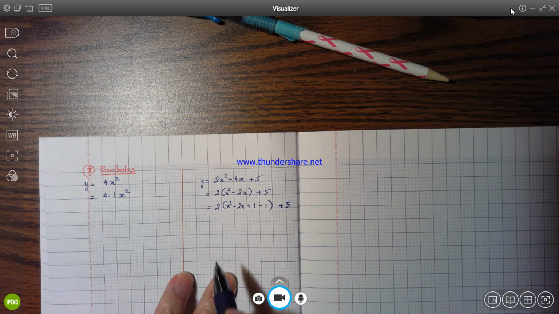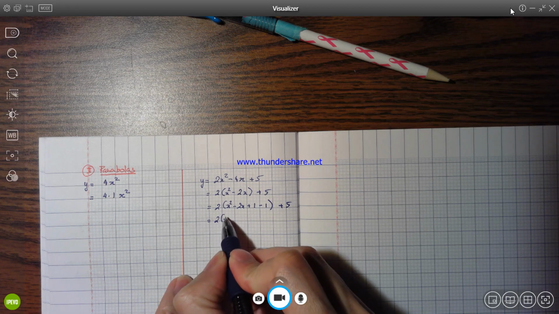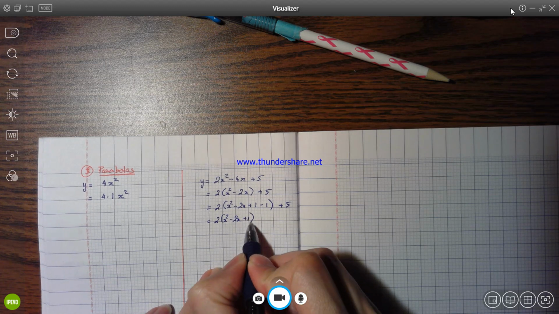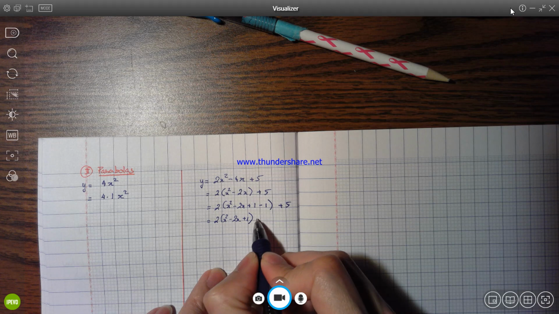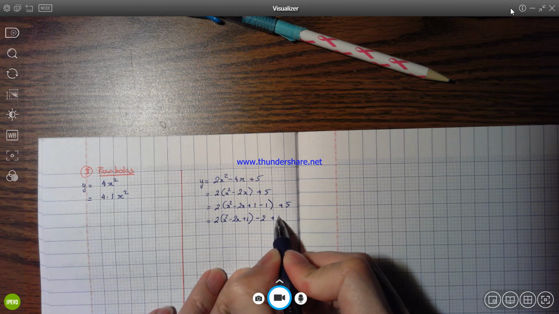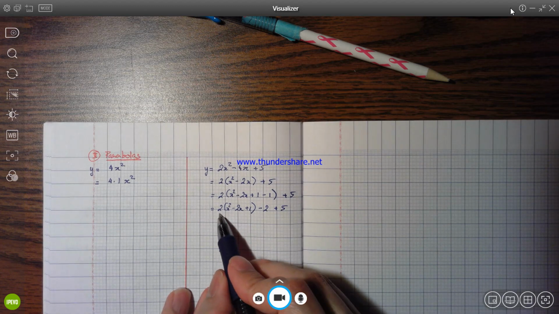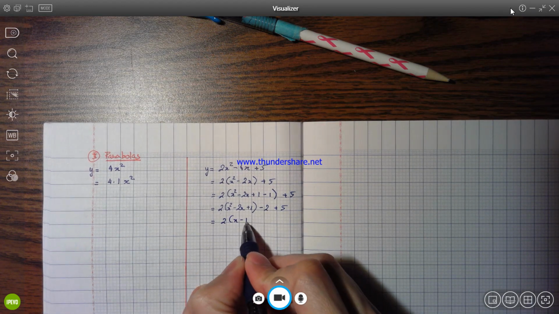Okay, so I'm gonna distribute, so I'm gonna have 2 times x squared minus 2x plus 1, right? Distribute number 2 into this, so it gives you negative 2 plus 5. And this one is a perfect square, so I may have 2x minus 1 squared, right?